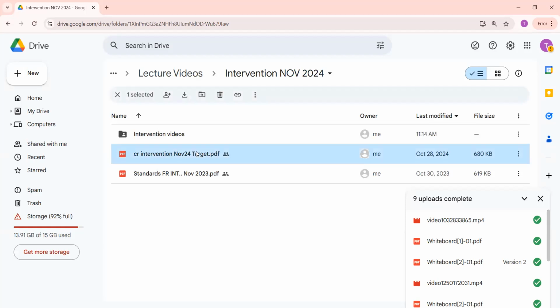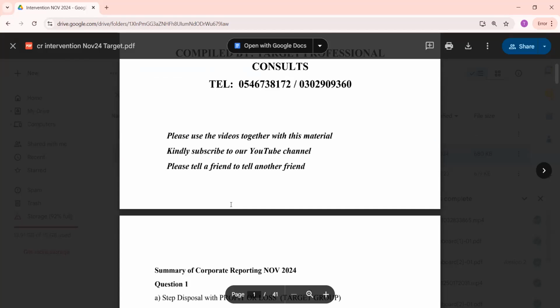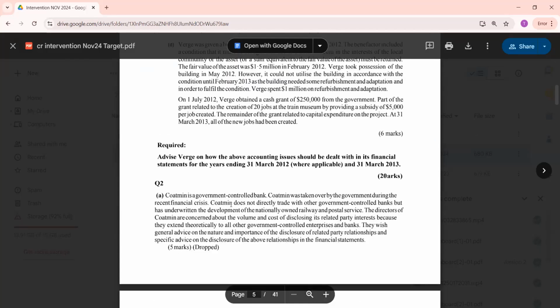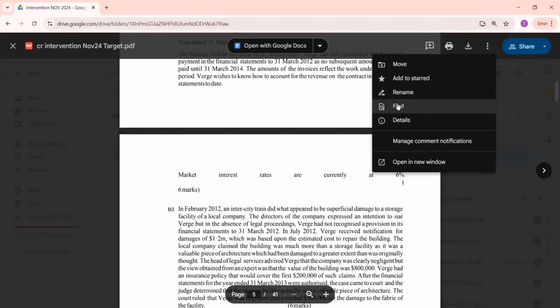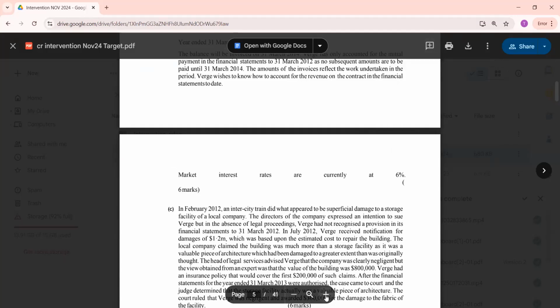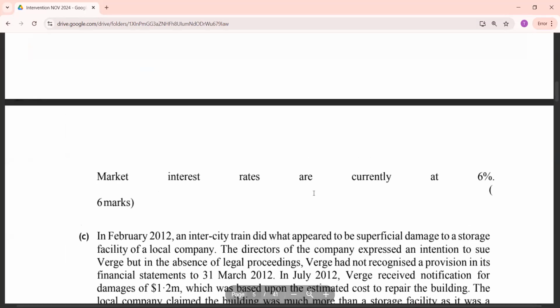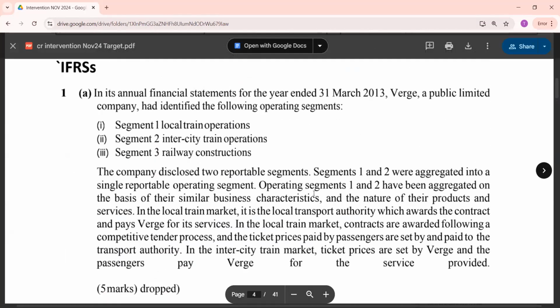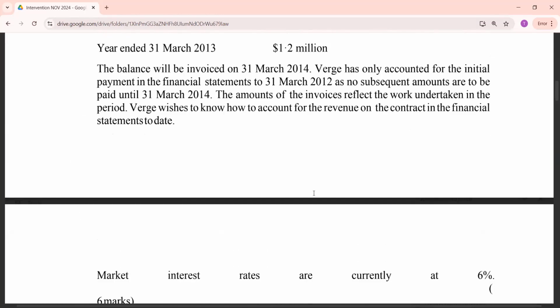And then there's a particular question. Hey, I cannot locate my question. Let me make it big. It is the latter part, in that question is the C and then the D.